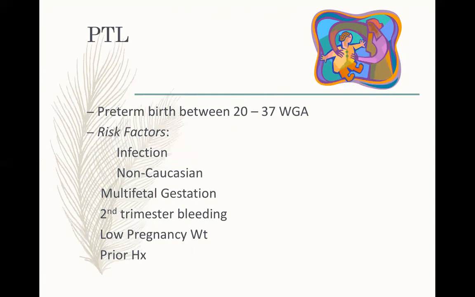This number is actually increasing as we do more things such as in vitro fertilization and fertility treatments. And the thought behind that is that most of the time, if a woman is having a difficult time getting pregnant, her body is not actually able to sustain the pregnancy, which is why she's having a tough time getting pregnant in the first place.